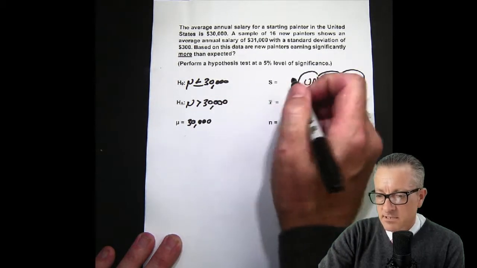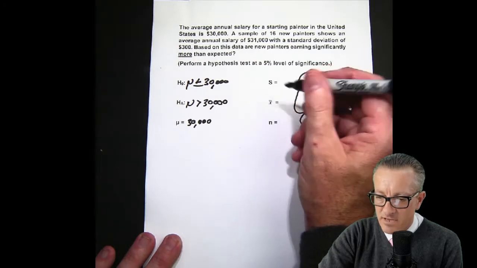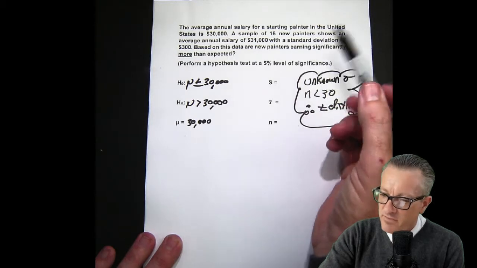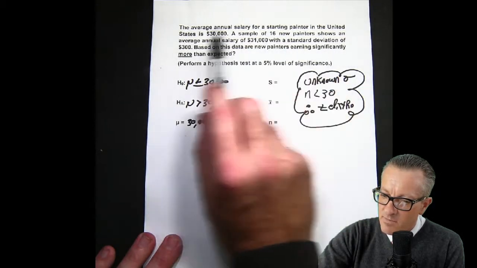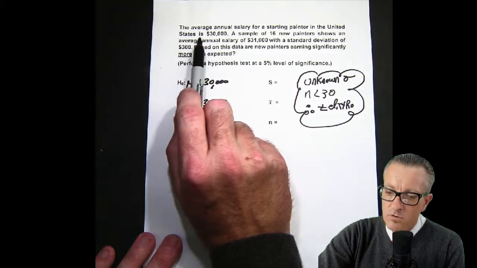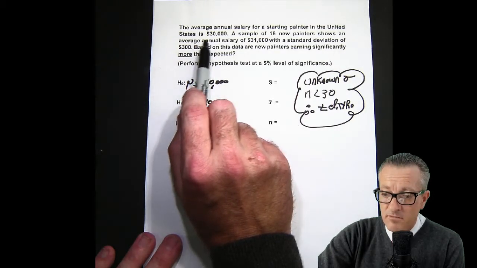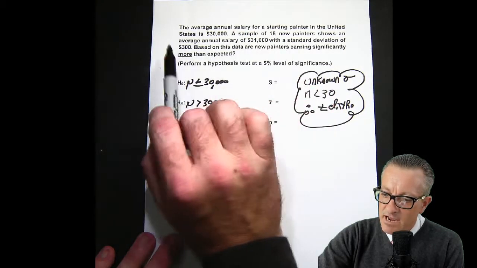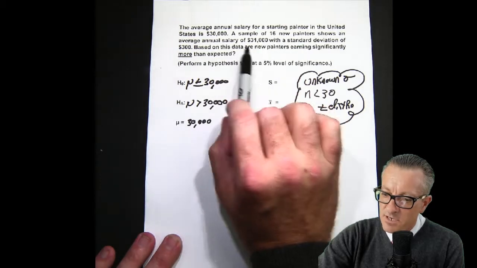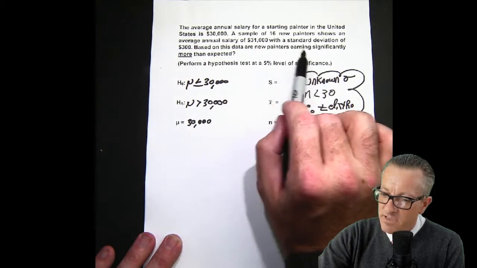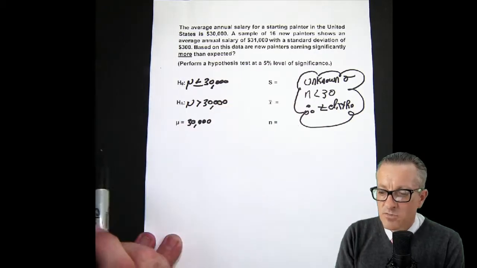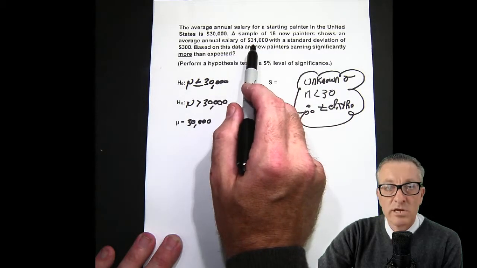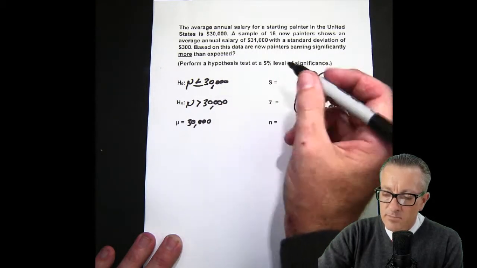And S, big S, which stands for the sample standard deviation. We know that we have a sample standard deviation and not a population standard deviation because in the first sentence, they talk about the average, which is the mu, or the population mean, 30,000. Then it talks about a sample of 16 new painters showing an average annual salary of 31,000, so that's our x bar, with a standard deviation of 300. The standard deviation is mentioned in the same sentence as the sample mean, so we know it is a sample standard deviation.